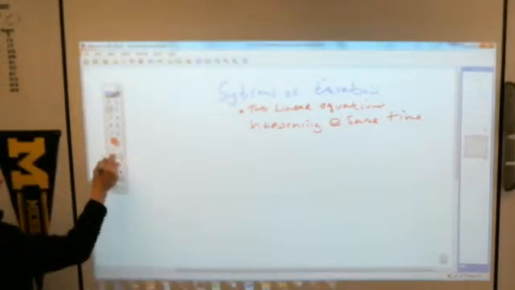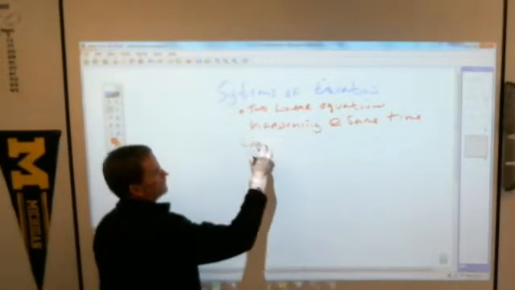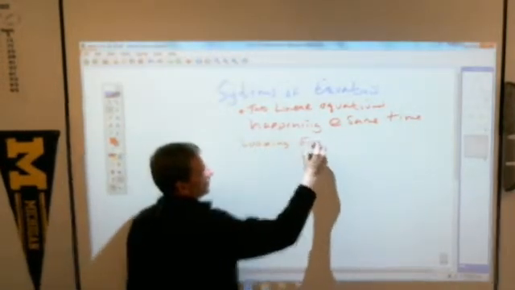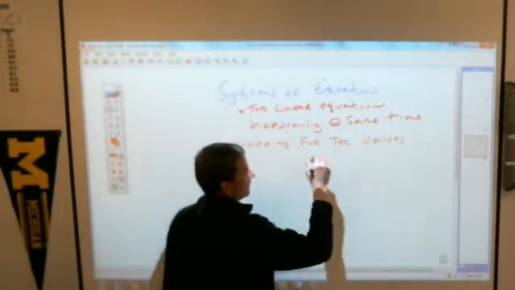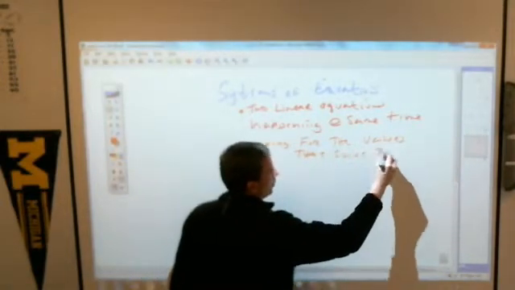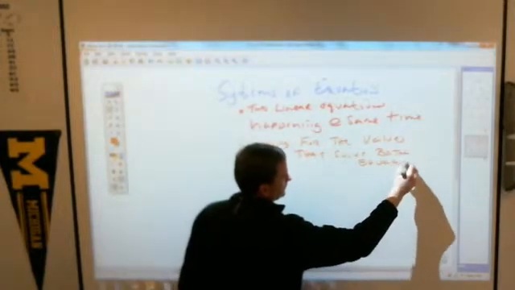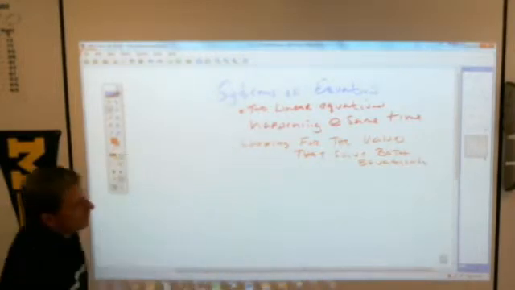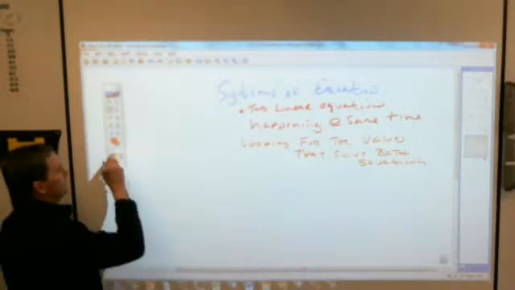What you're looking for in a system of equations are the values that solve both equations. We will do it multiple ways, by the way.